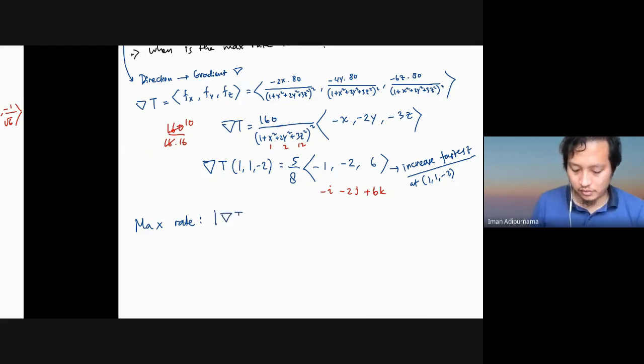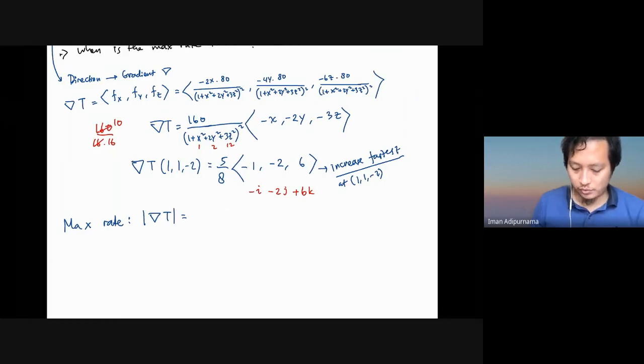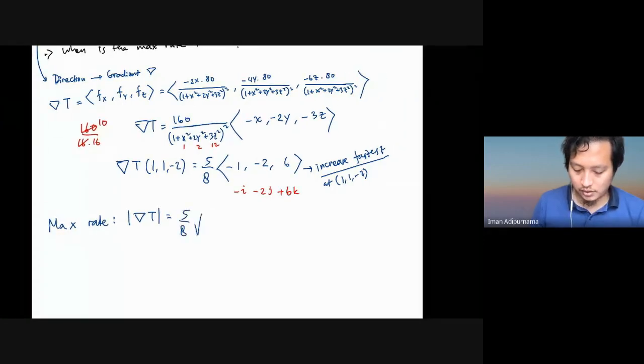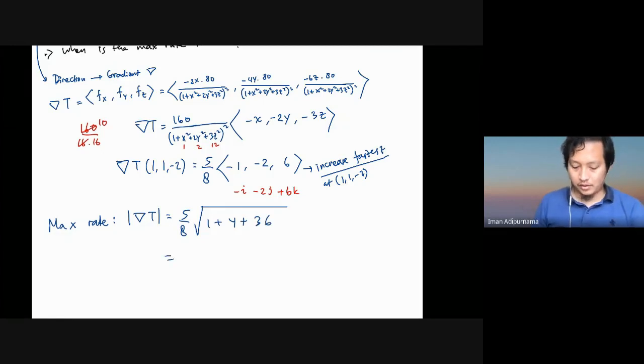So what we are going to do, we take the square root of 1 plus 4 plus 36. Or we can just write this as square root of 41 like that. So the maximum rate of increase is this.